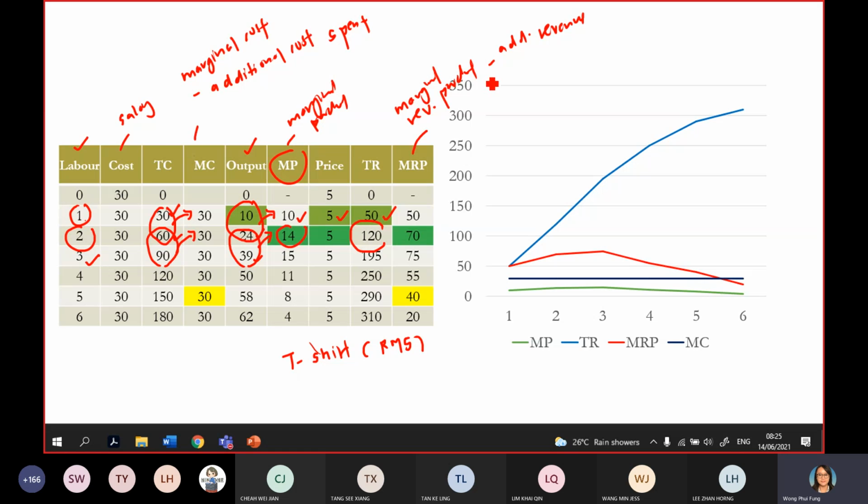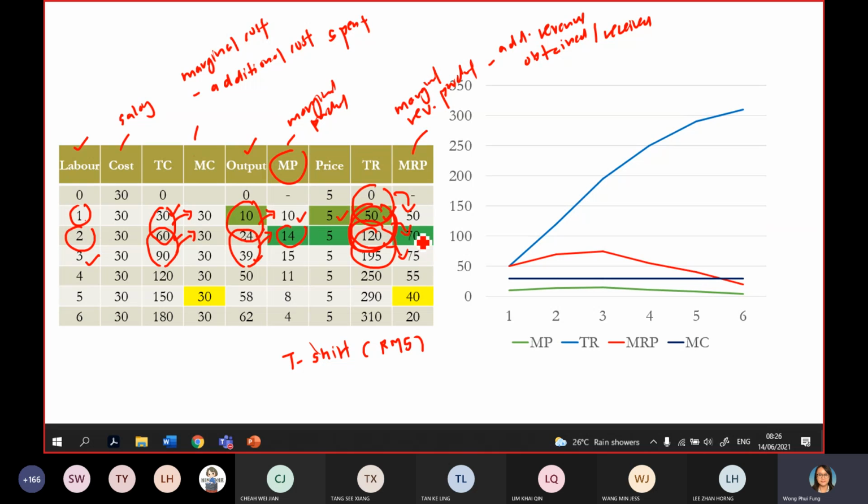Marginal revenue product means additional revenue that I can get. So additional revenue, you can say obtain, you can say receive. So the definition is additional revenue received or generated when producing an additional t-shirt. So you can see that is the difference between these two. 120, this one, 50, this is the difference. Then this one minus this one is 70. This one minus this one is 75.